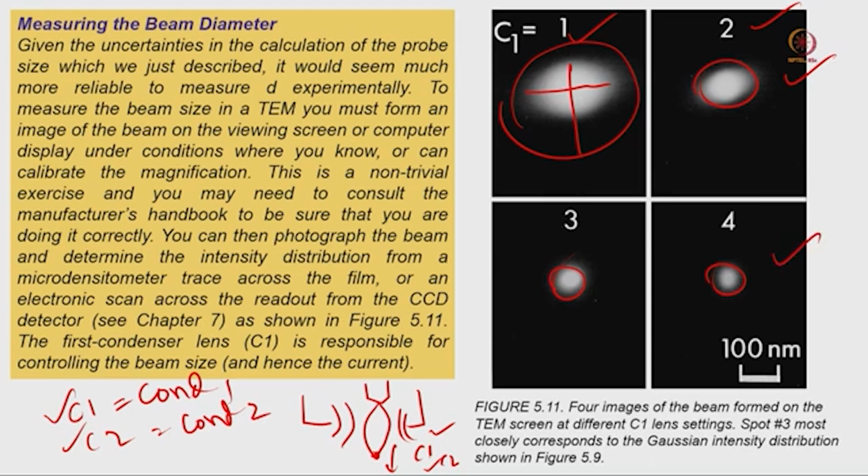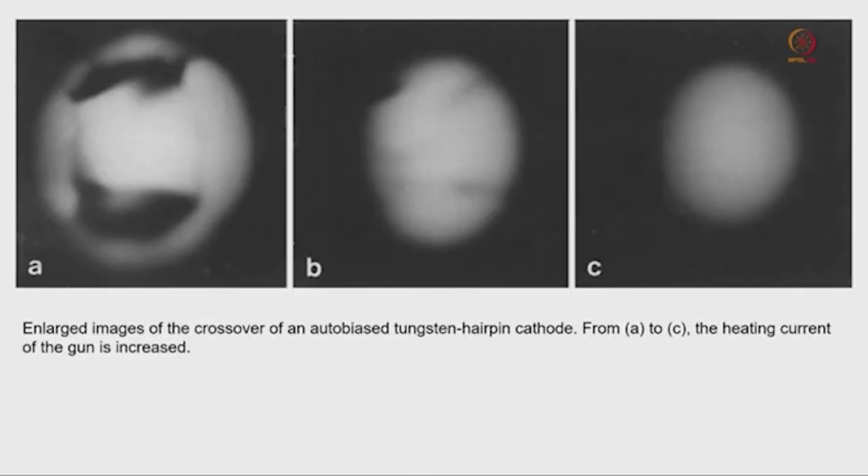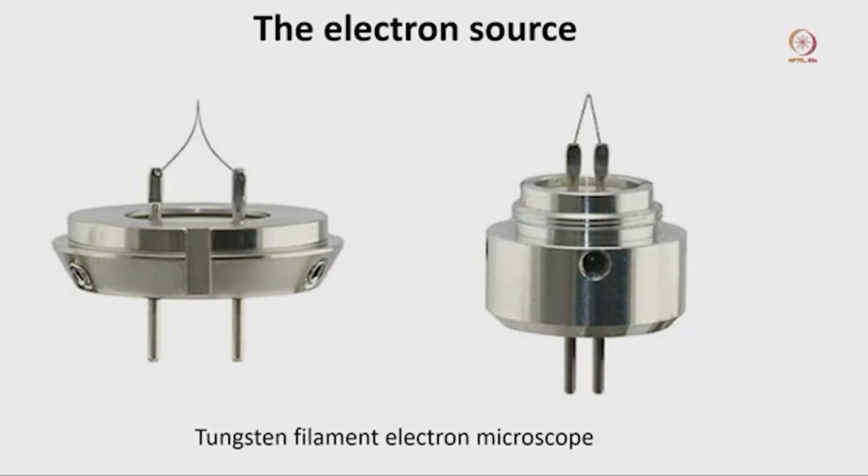So the gun lens is the first lens of the microscope, and then it comes to condenser lens 1, condenser lens 2, and condenser lens 3. So in this scenario, it will be better to know the lens system and how it is helping us. We are going to discuss the lens system in the next part.